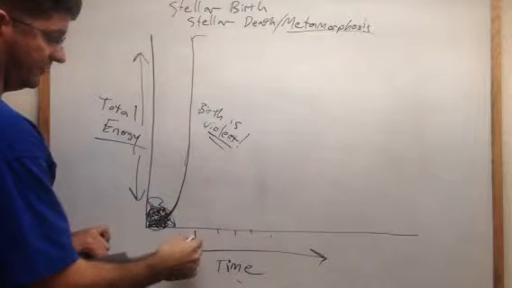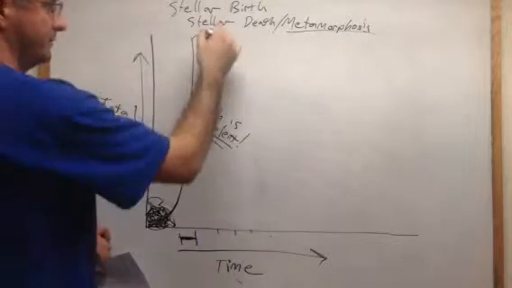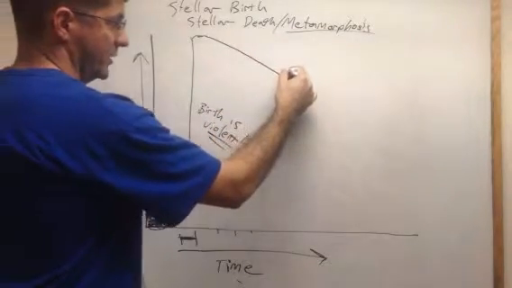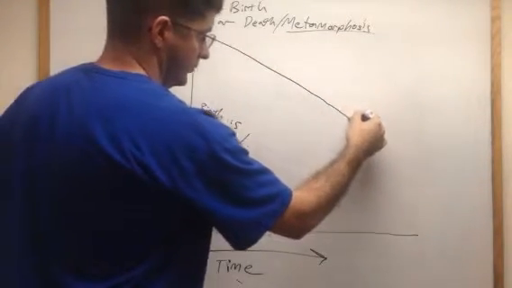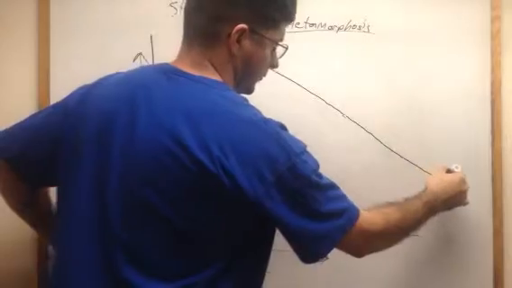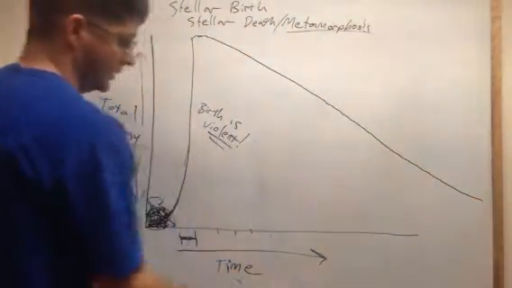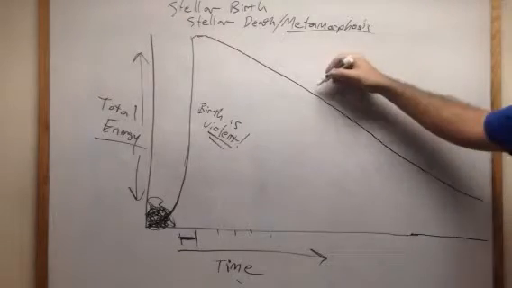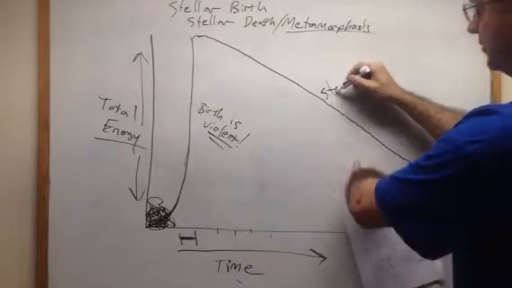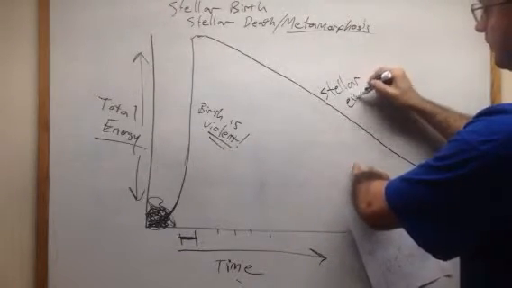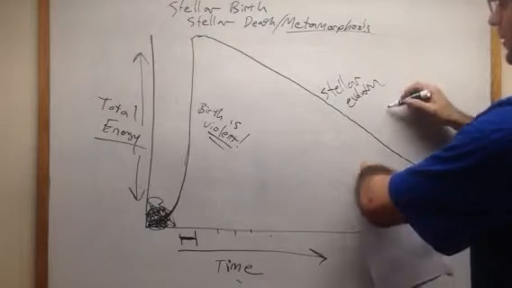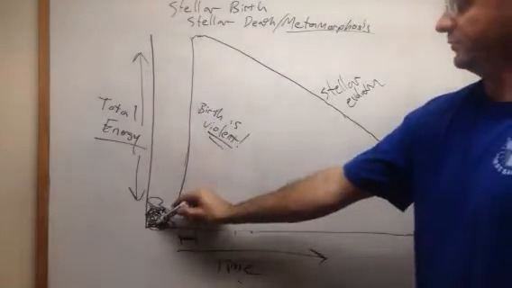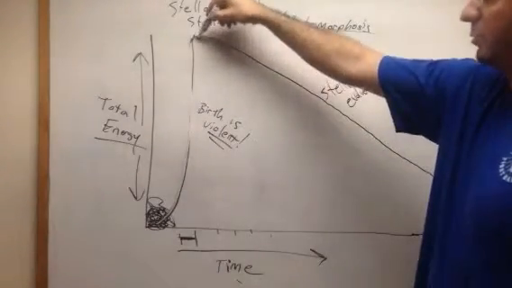And so now, since this is a very time-consuming process, what happens is the star cools and dies and radiates away. It loses its mass at a slow pace. Now, I didn't make this long enough, but you get the point. This is stellar evolution. So what you have is the total energy of the system going up significantly as it's born.